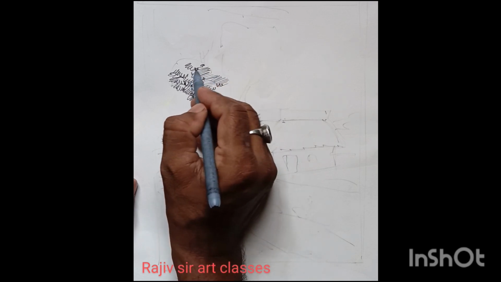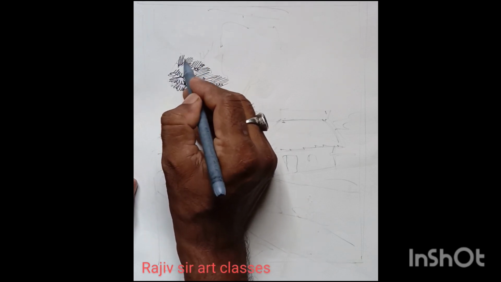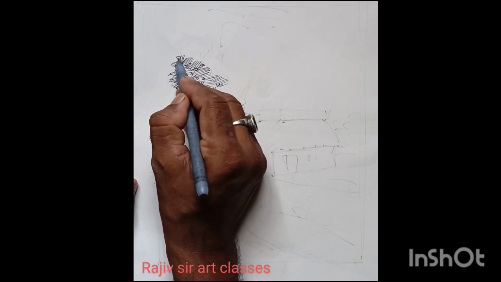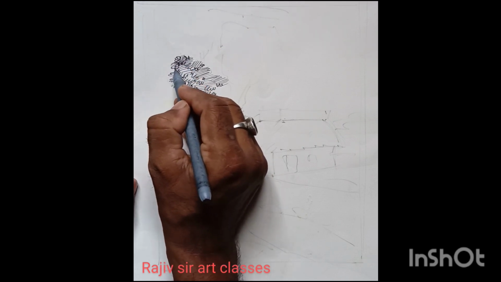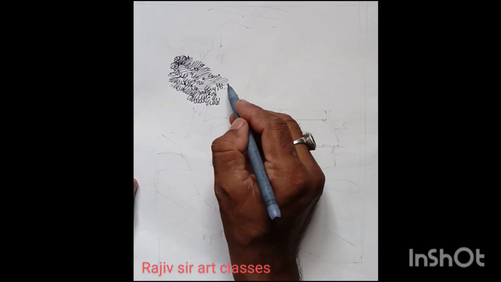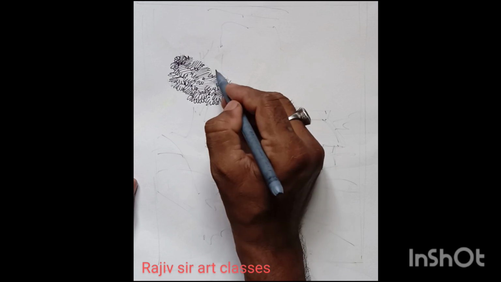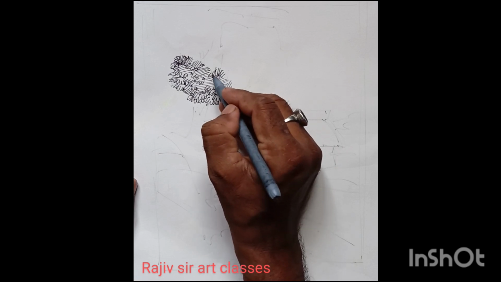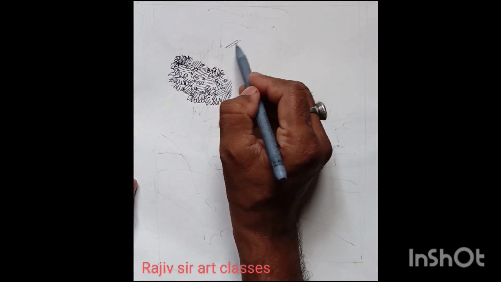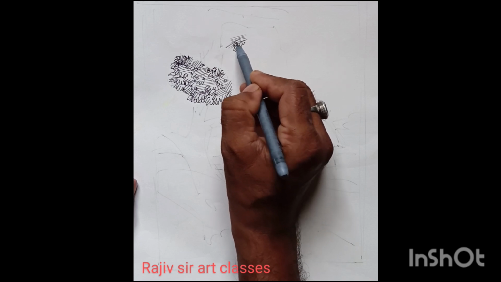This goes absolutely true with all the mediums you use, whether it is pen or pencil work or watercolor or opaque or oil pastel. The basic thing is that you have to see the shape in it first, and then according to the shape the line work must be done.